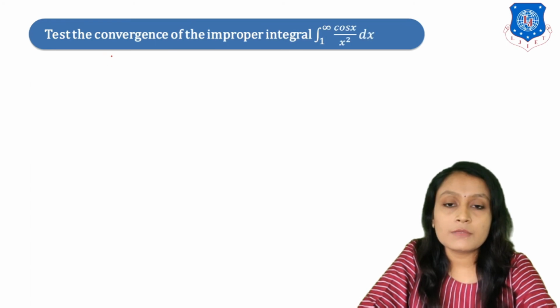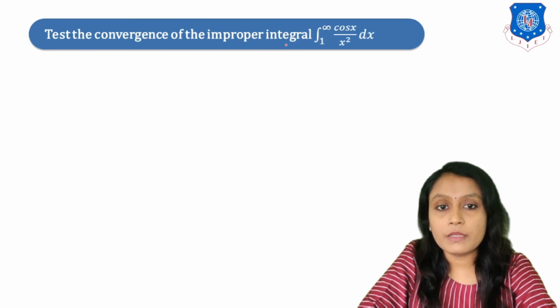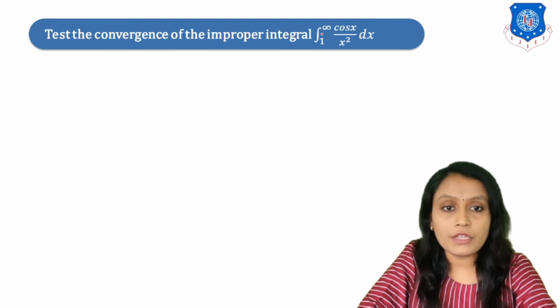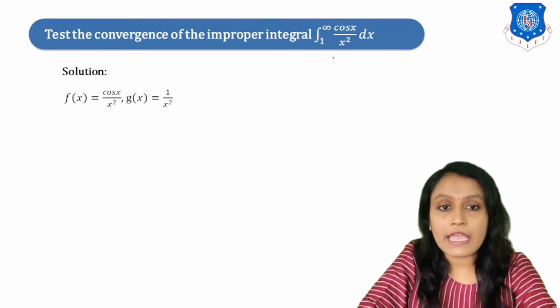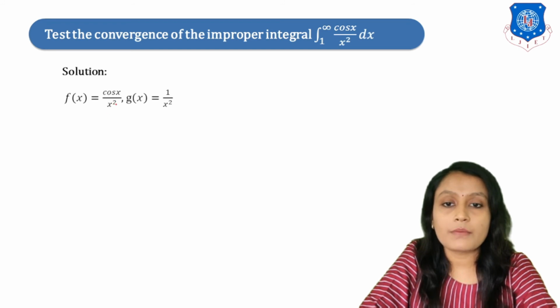Now let's begin with the example. Check the convergence of the improper integral 1 to infinite cos x upon x square dx, right? So here we have the function f(x) as cos x upon x square, and we have to suppose g(x), so we will suppose g(x) as 1 upon x square.